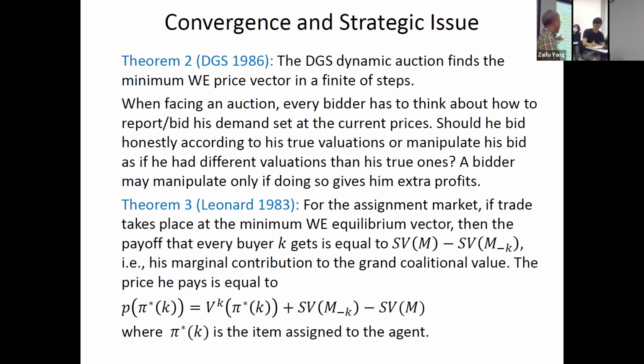This means every buyer gets exactly his marginal contribution to the market: the market value of the entire economy minus the market value without bidder K. And what he pays is his value on the item plus this difference, corresponding to the minimum price of that item.